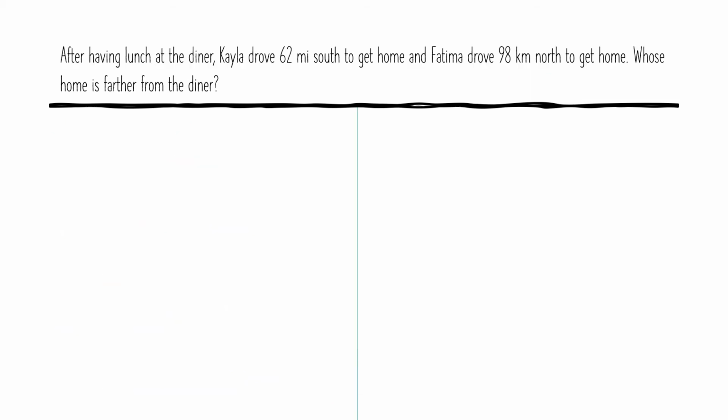Alright, so let's try the last problem. After having lunch at a diner, Kayla drove 62 miles south to get home, and Fatima drove 90 kilometers north to get home. Whose home is farther from the diner? Okay, so basically, this question calls us to compare both the distances, but since the distances are in different units, we cannot compare them directly, so we have to convert either one to get to the same units as the other one in order to compare them.